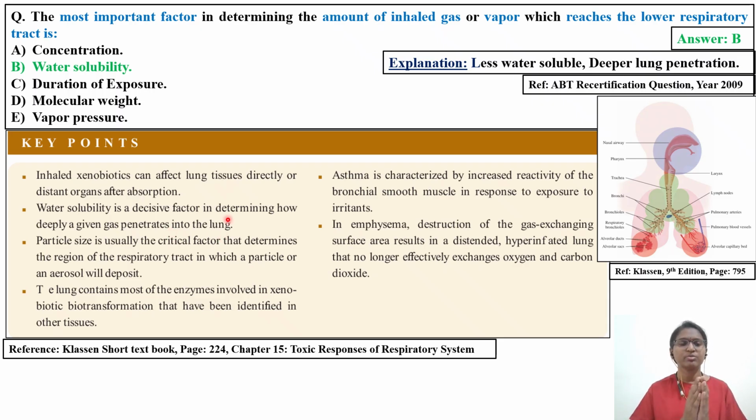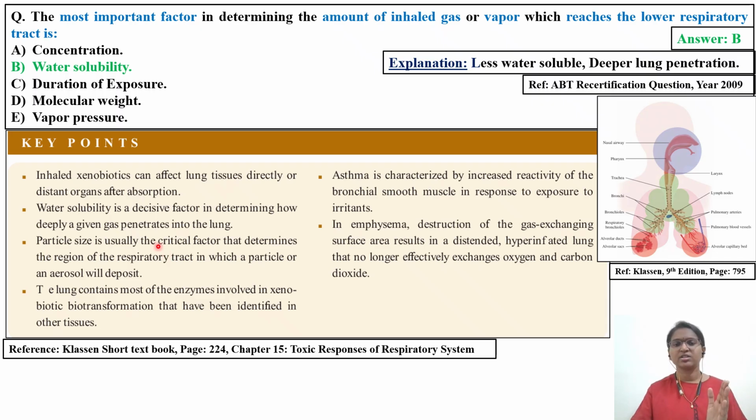In addition to solubility, also read about particle size. Particle size is usually the critical factor that determines the region of the respiratory tract in which a particle or aerosol will be deposited. On my channel, I have repeatedly covered inhalation toxicology particle size questions from previous years, maybe from 2000 or 2001 to 2003. I'll give those videos in the description link, so please check and pause here.